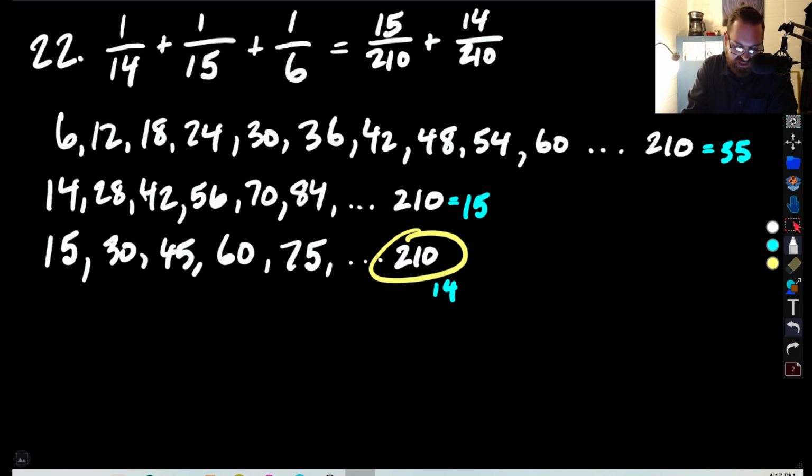And then we've got, in this case, 35 over 210. And so as a result, this all sums together. I've got 15 plus 14 is 29. 29 plus 35, whatever that is. So it looks like it's going to be 64 over 210.